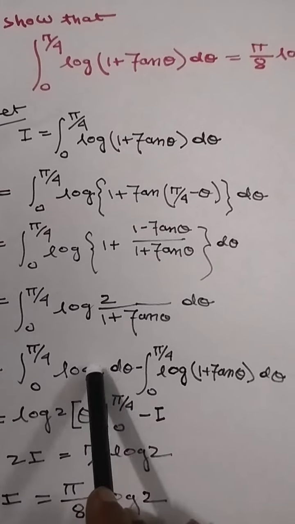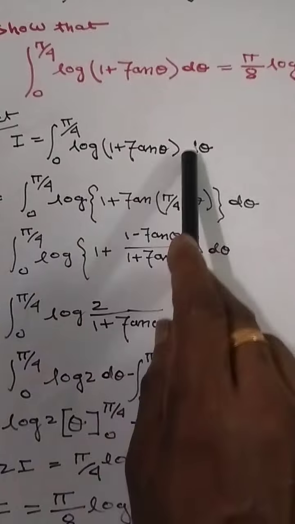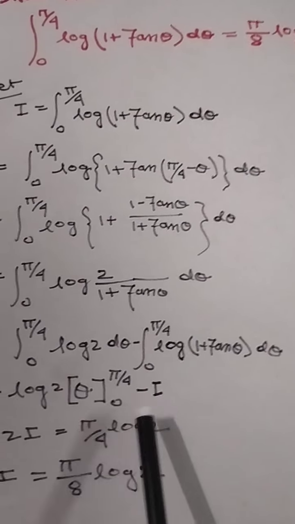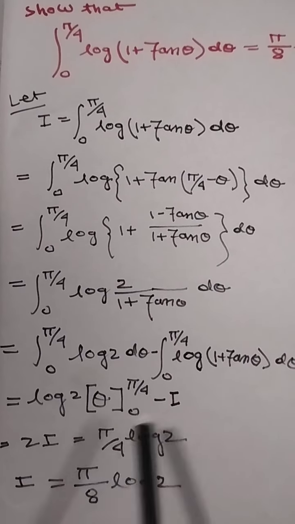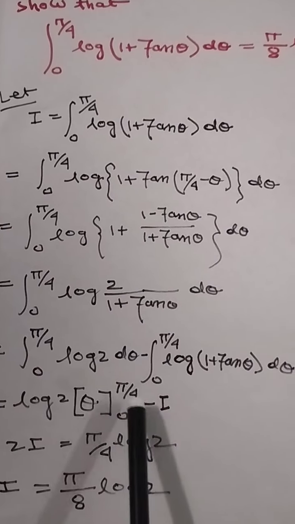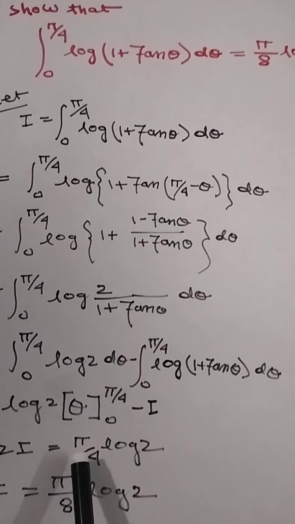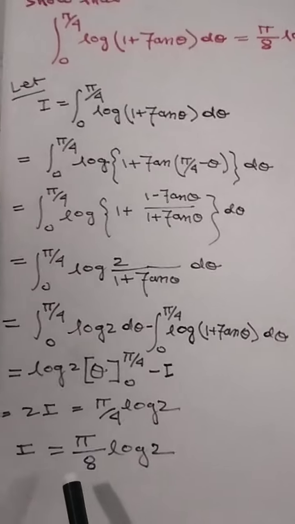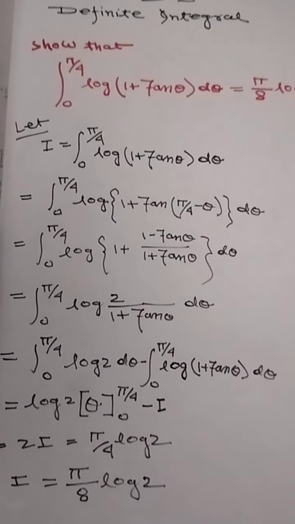Now this portion is I, so I plus I, that is 2I, equals this. Putting the limits pi by 4 and 0, we get pi by 4 log 2. So I equals pi by 8 log 2. This is the proof.